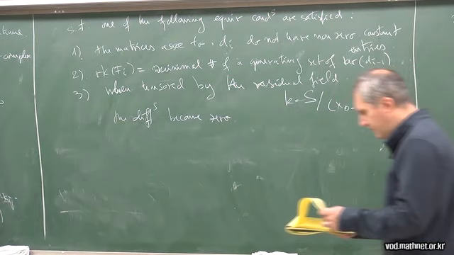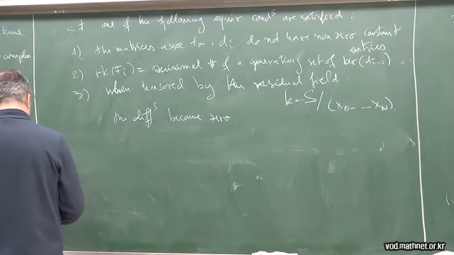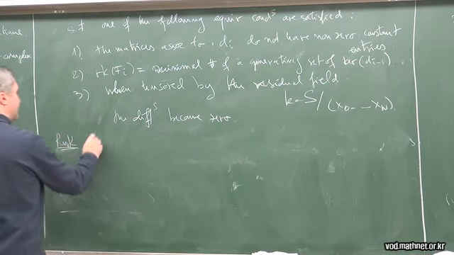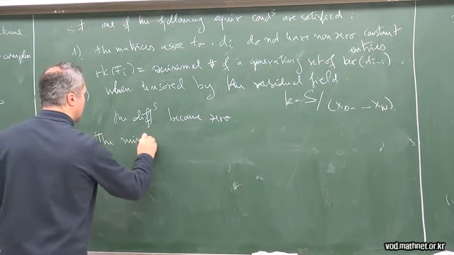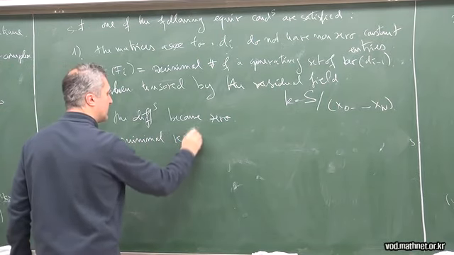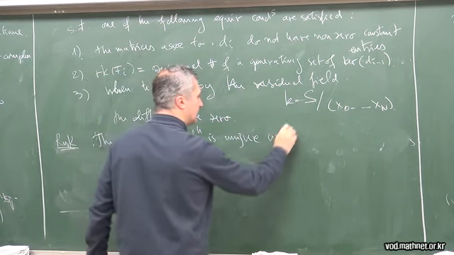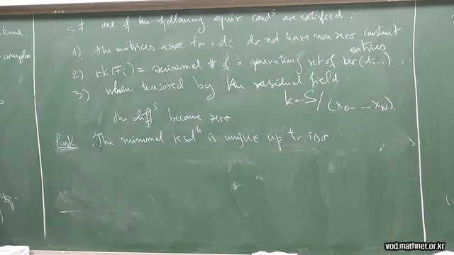Okay, and some remarks. The minimal resolution is unique up to isomorphism. It's not unique in the sense that we can change these matrices; we can have different matrices, but these terms are unique.